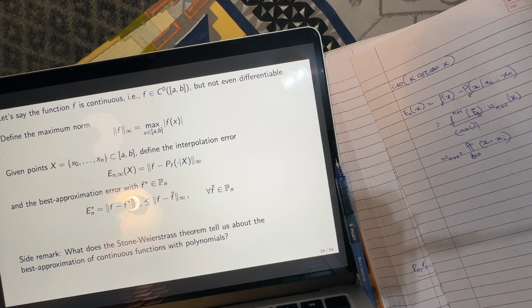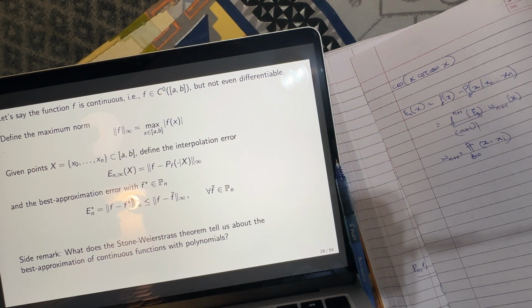Define the maximum norm. Stone-Weierstrass theorem.